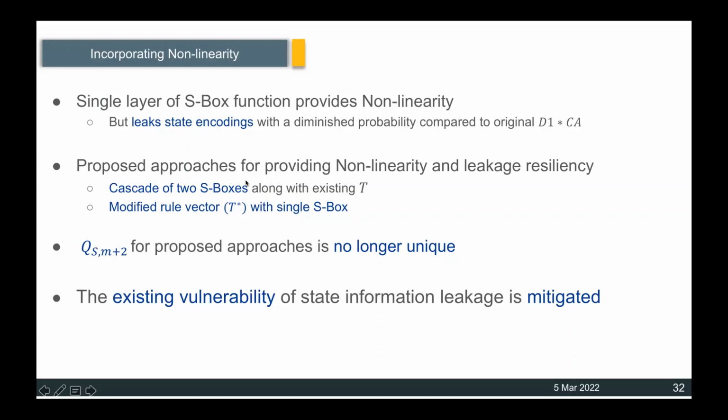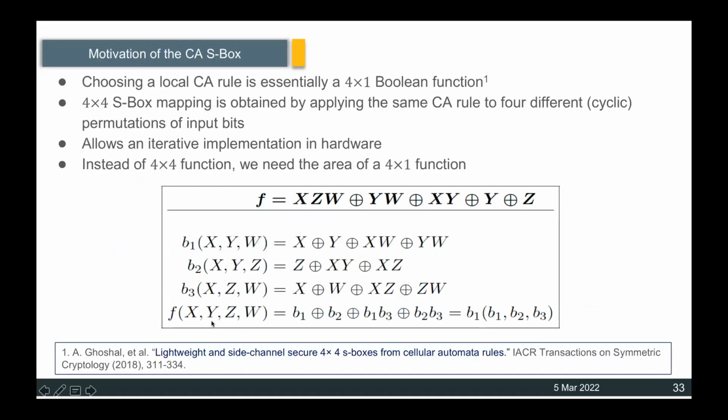What we claim here is that from the QSM plus 2 pattern, the initial state was previously leaking trivially. We expect that now the evaluation of the original state will not be so straightforward. So this mitigates the existing vulnerability, and that is our main claim.